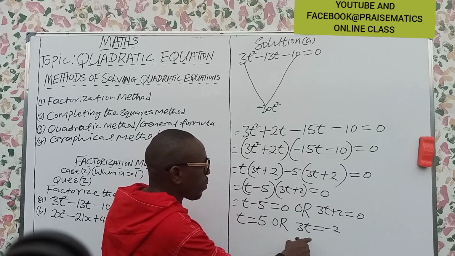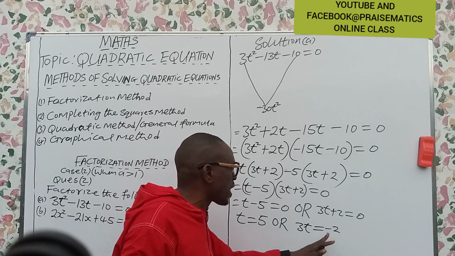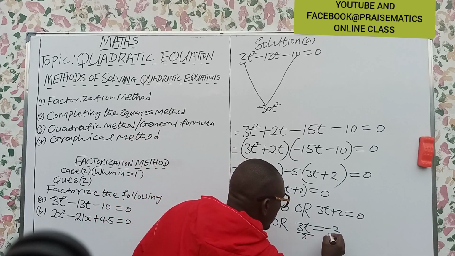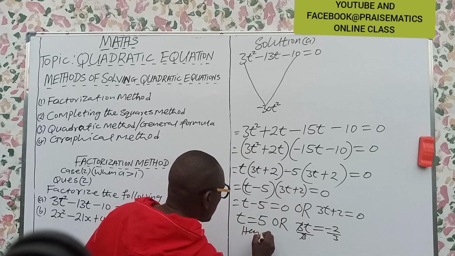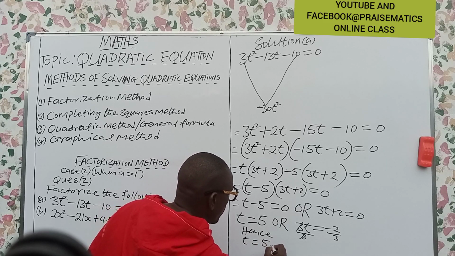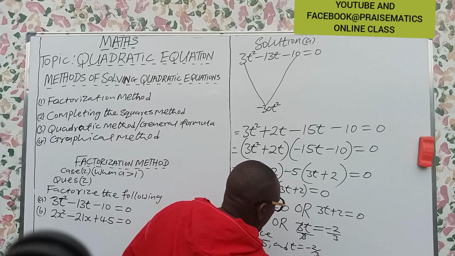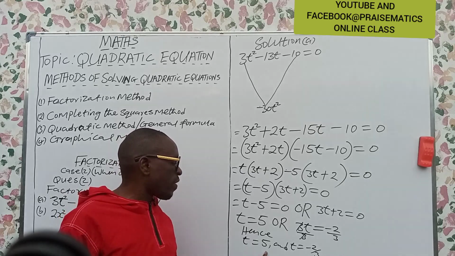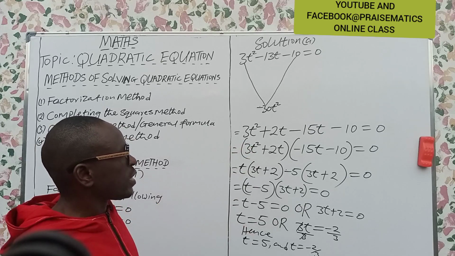Divide both sides by the coefficient of t, which is 3. This will cancel. Hence t equals 5 and t equals minus 2 over 3. So that is our answer, the solution to this quadratic equation.